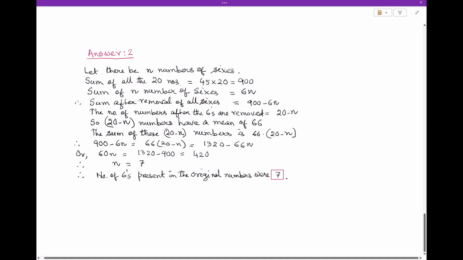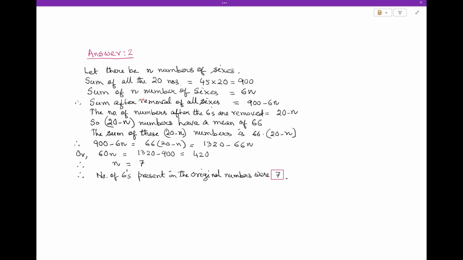Let there be n number of sixes in the 20 numbers. Now the sum of all the 20 numbers is 45 into 20, because the mean is 45 and the total numbers is 20. So the sum of all the 20 numbers is 900.